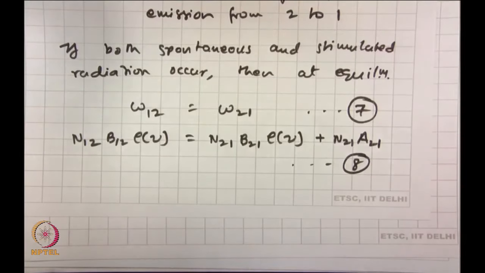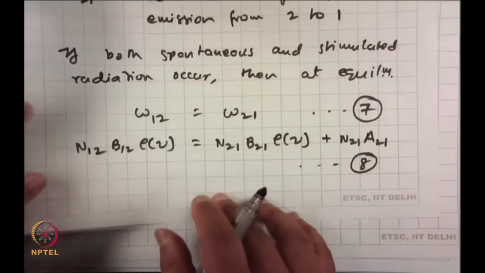So, I have just put in the expressions for W12 and W21, that is what we had written before. Okay. What am I solving for? What I am solving for is rho nu, that means from here you find the expression for rho nu.